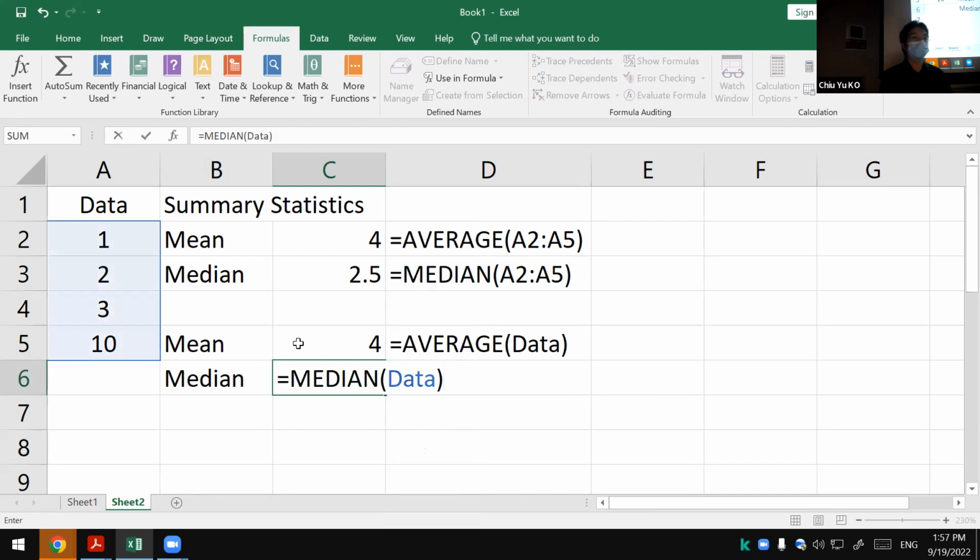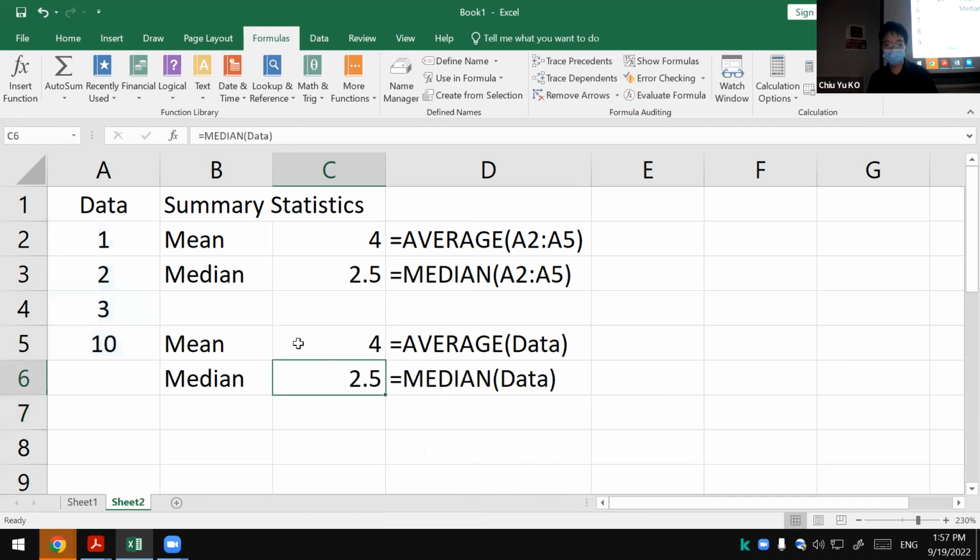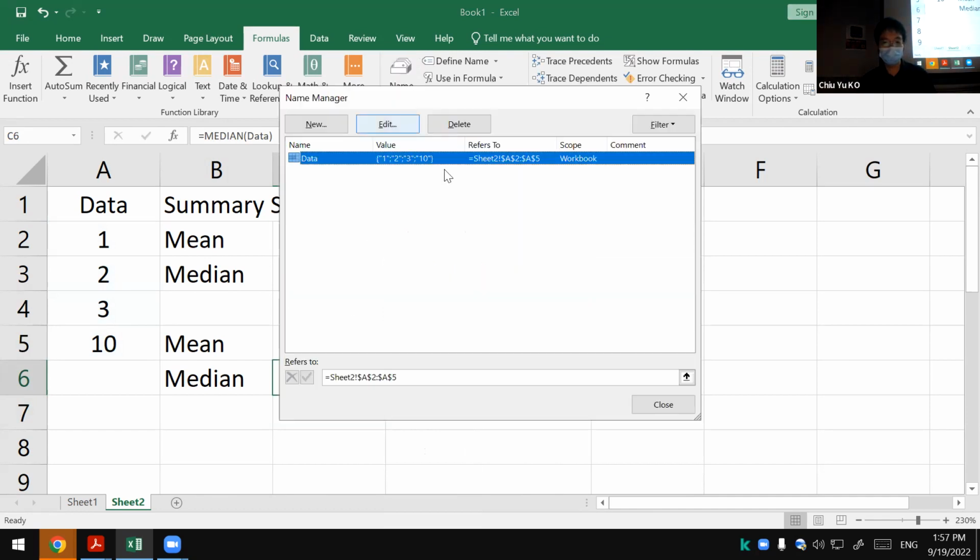Of course, you can choose your own name. You can put apple, orange, whatever name you want, but once you have that, your formula becomes cleaner. And people who don't know your worksheet can just go to Name Manager and check what your data means and what the values are, then they're done.